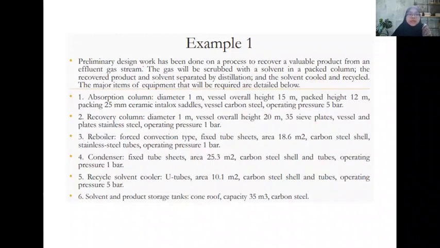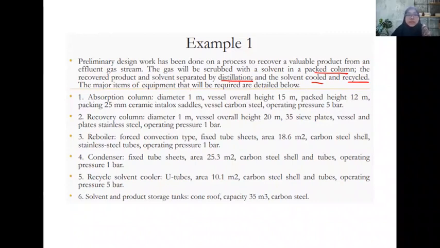Okay, preliminary design work has been done on the process to recover a valuable product from an effluent gas stream. The gas will be scrubbed with a solvent in a packed column. The recovered product and the solvent are separated by distillation, and the solvent cooled and recycled. The major equipment that will be required are detailed as below.